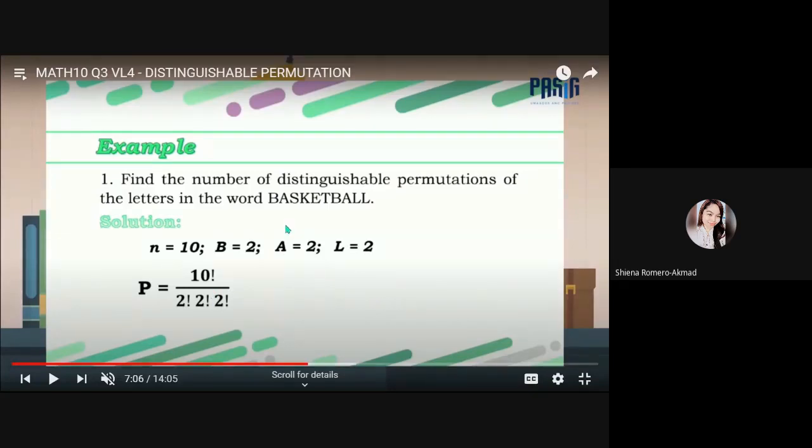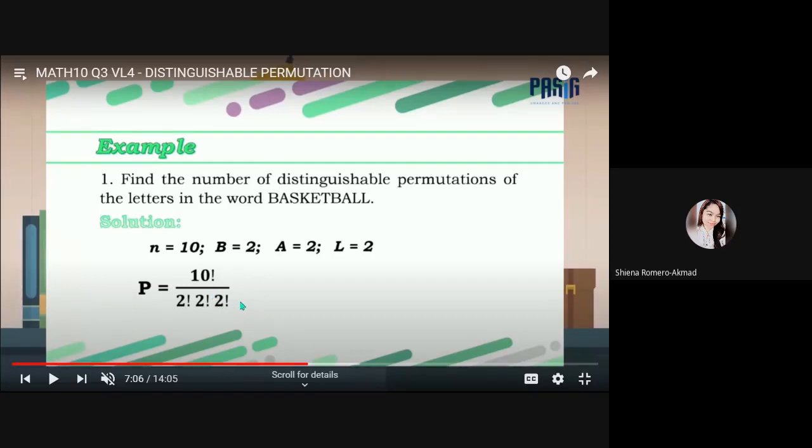Then sa denominator, you write 2 factorial times 2 factorial times 2 factorial times 1 factorial for the S, times 1 factorial for the K, times 1 factorial for the E, and 1 factorial for the T. And their sum is 10. Remember that 1 factorial is also equal to 1. That's why we did not include that in our solution, but that is the right way of solving this.